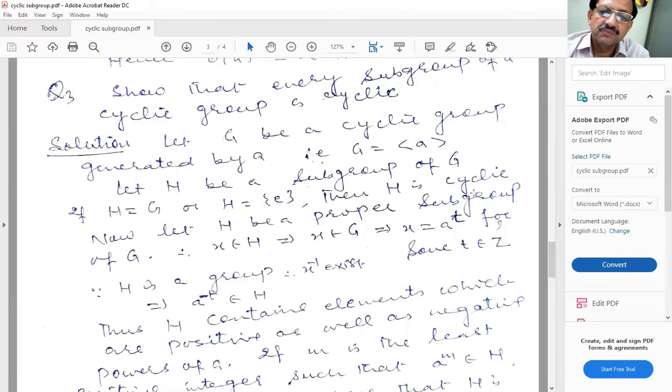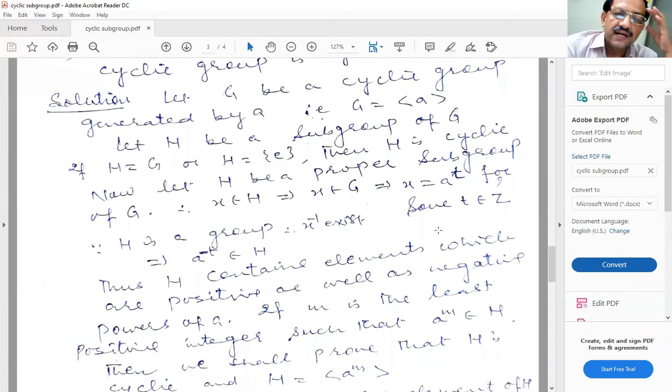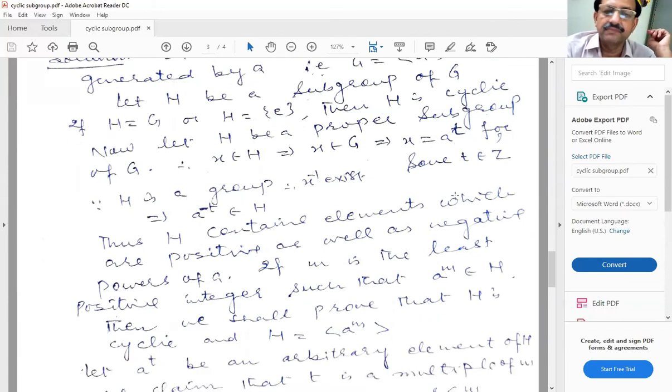Because H is a group, X inverse exists. Therefore, A power minus T also exists and belongs to H. H contains elements which are positive as well as negative. ये आप देख ही रहे हैं कि H के पास पॉजिटिव और नेगेटिव दोनों ही एलिमेंट्स.